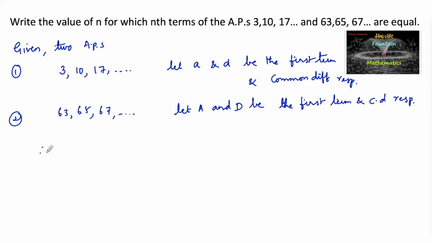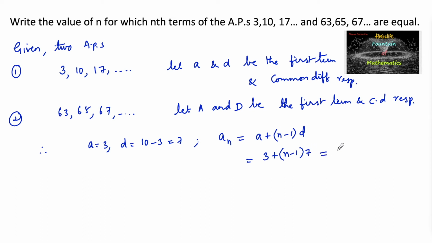So we have a is equal to 3 and d is equal to 10 minus 3, which is equal to 7, and the general term in the first sequence, an, is equal to a plus n minus 1 into d, that is 3 plus n minus 1 into common difference 7. So this can also be written 3 plus 7n minus 7, or we can write 7n minus 4.